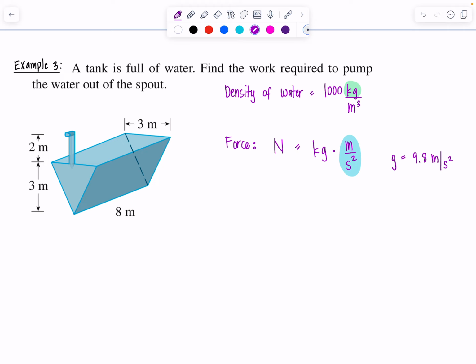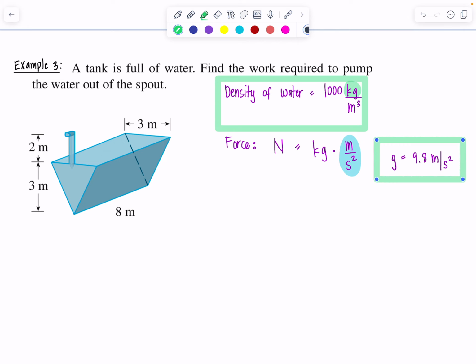On my test, I don't let them have a calculator, so I tell them just use 10 for gravity, but I'll put that on the exam so they're not nervous about doing it. So just check with your instructor. So these two things, hopefully they're given to you, but if not, make sure you know them, okay? And then the units. The setup's going to be the same.